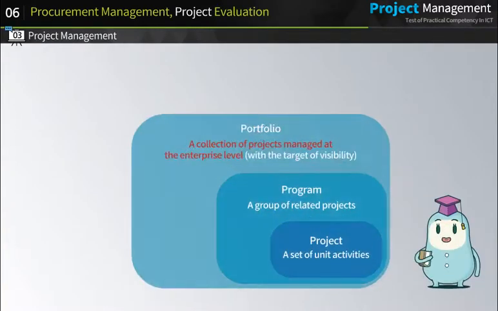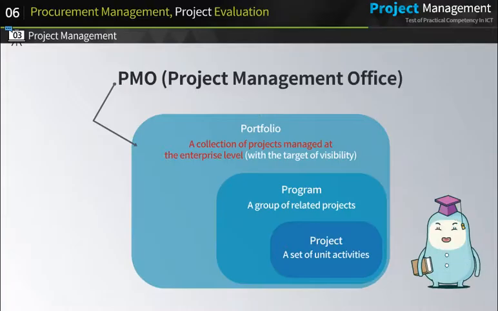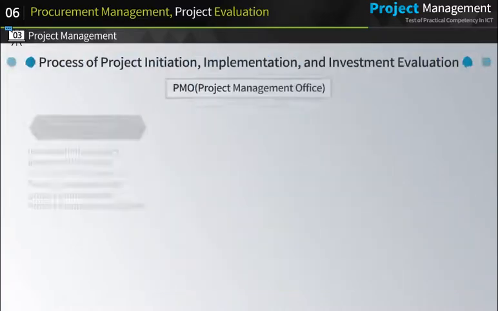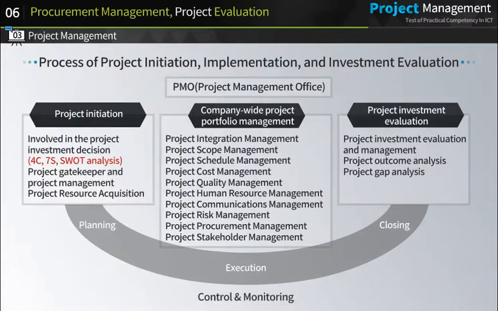Companies usually carry out multiple projects at the same time, which requires a well-structured management framework. Now, let's take a look at the roles of PMO, a project management office, which manages such multiple projects. The following screen shows the process of project initiation, implementation, and investment evaluation.